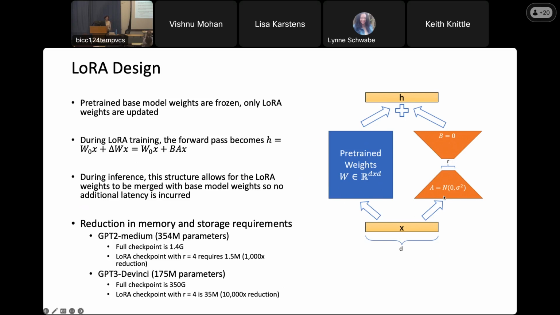So in the end, A times B still gives you 1,000 by 1,000, but the actual parameter count is only 2,000 plus 2,000, which is 4,000. That's only 0.4% of the total number of weights of this blue block. So that's only the weights we tune.